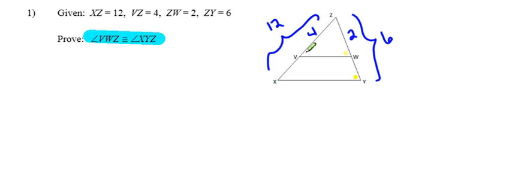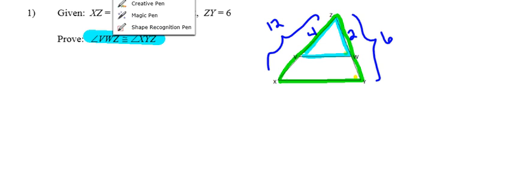So the method to the madness here is going to be to prove that the blue triangle is similar to the green triangle, and then because those two yellow angles are corresponding angles, they would have to be congruent to each other. So we're probably going to use those blue side measurements to establish the fact that the lengths of the sides are proportional.